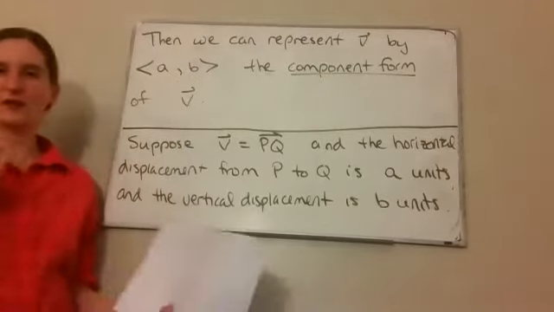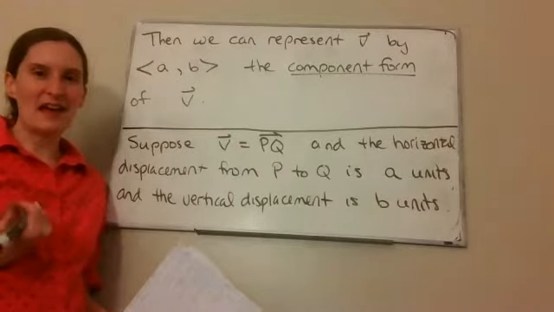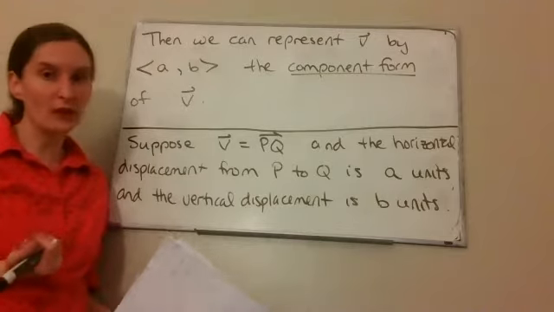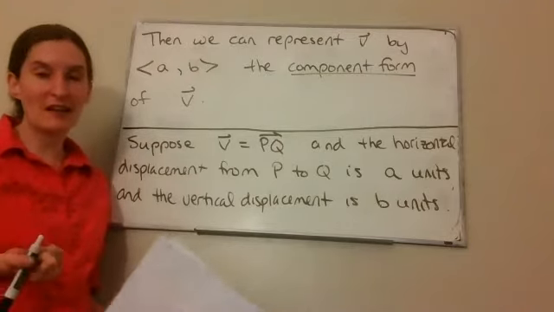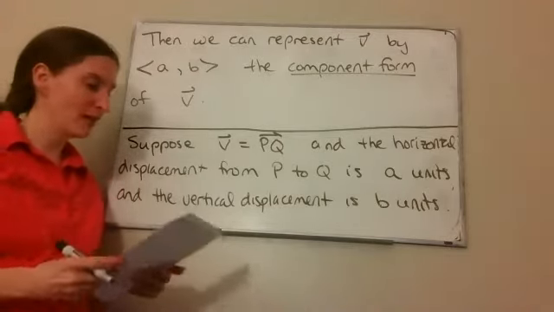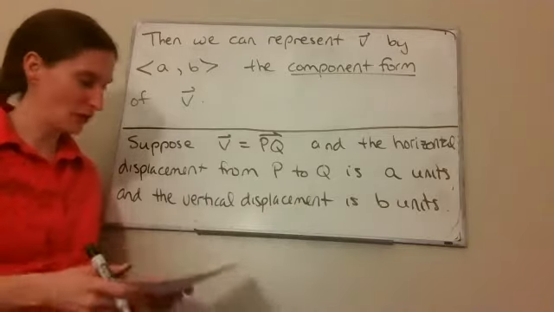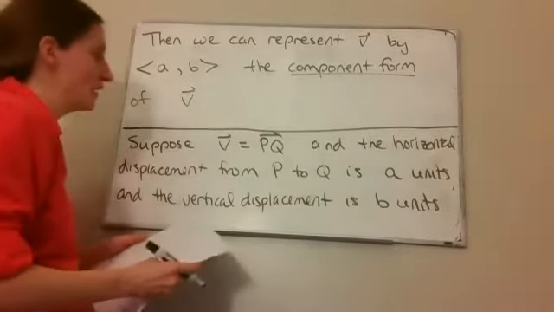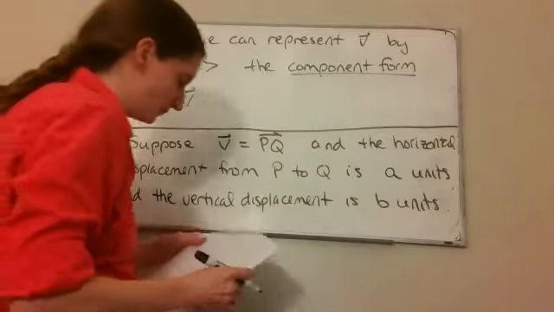So when you have it in those angular brackets like that, the first piece is your horizontal displacement, and then the second piece is your vertical displacement.